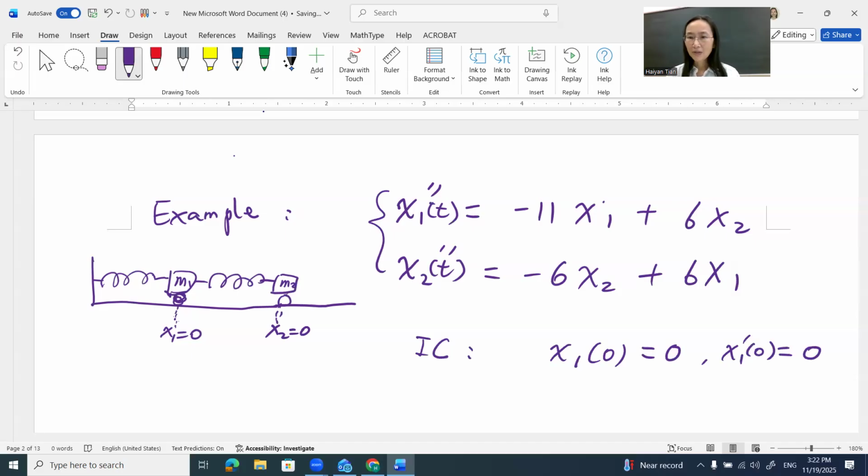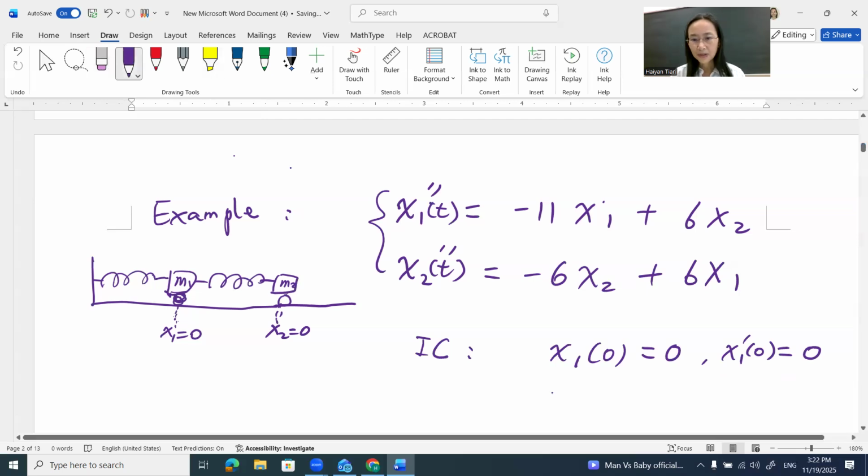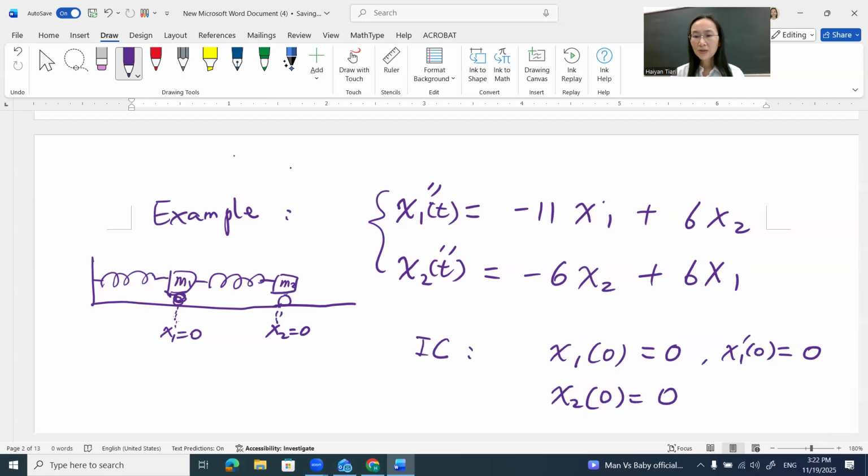That means it was not moving, initially at the equilibrium position. For the second object, with the notation we have already adopted, x2 at 0 is also at the equilibrium position. However, it has a starting velocity. That's the derivative of the position function. The initial velocity is 1.